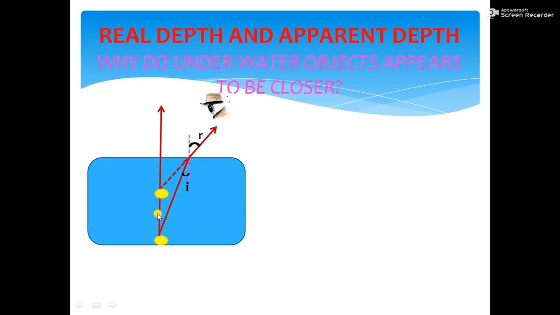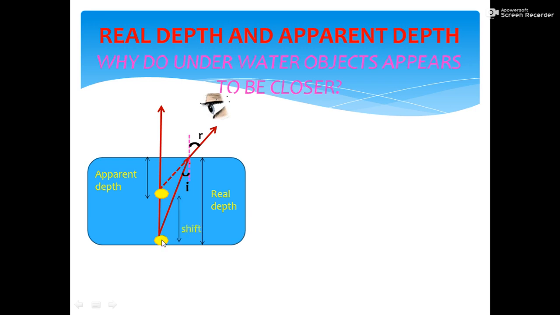This is the object and this is the image. The height between the surface of separation and the real object is the real depth, and the height between the surface of separation and the image is the apparent depth, and this distance between the image and the object is the shift.